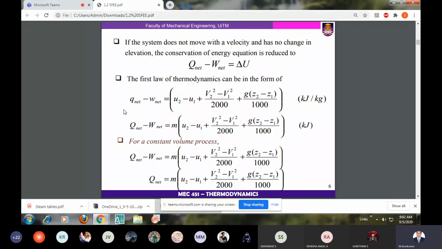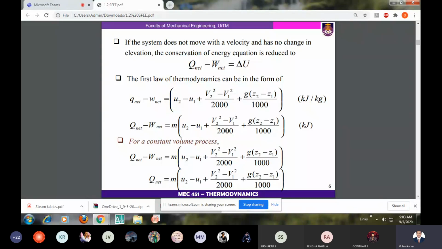So we can rewrite the equation like this. Then how the constant volume process will be. We can apply the same equation for the constant volume process. Just recall the thermodynamic process equations. For a constant volume process, the work done W will be 0.